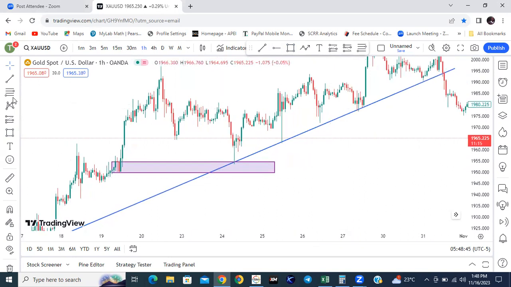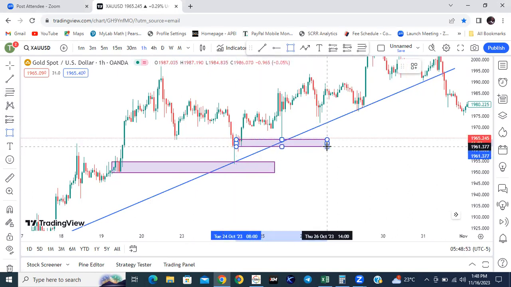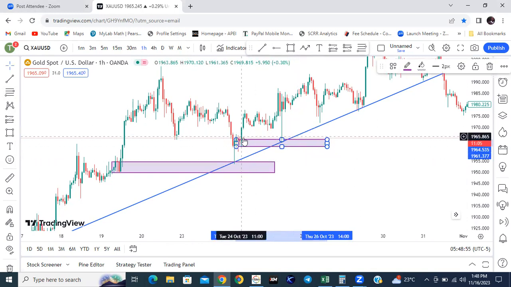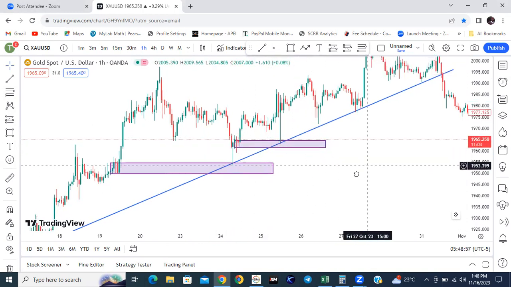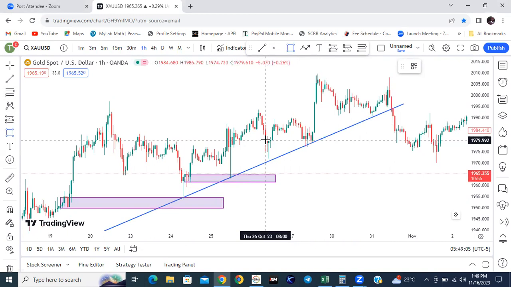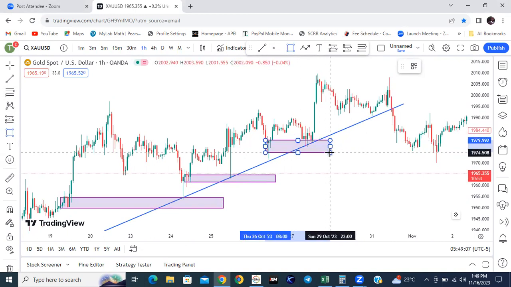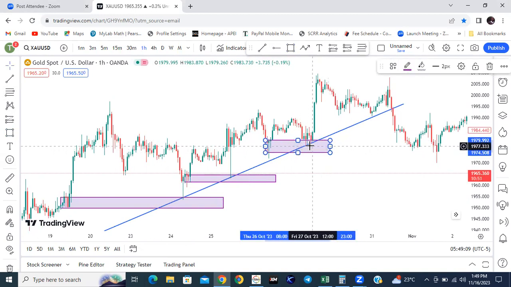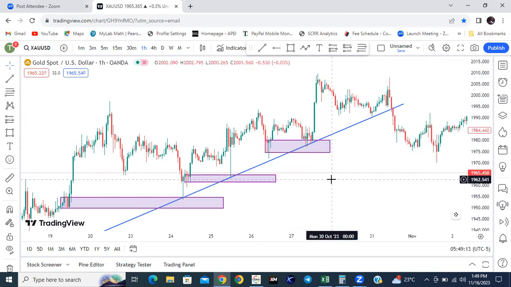Again, as the price goes up and comes back to this region to respect this pattern, we have a bullish engulfing pattern, which creates a demand zone at that level. Then again, maybe at these levels, this is also an order block. You can see the price reached that level and pushed all the way up.